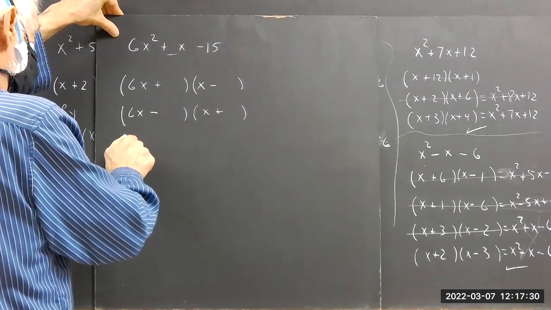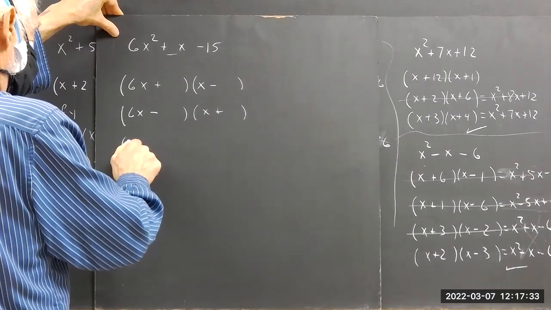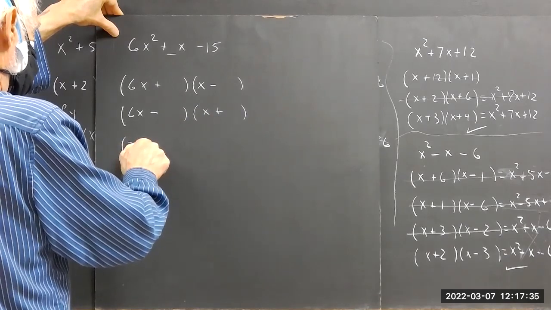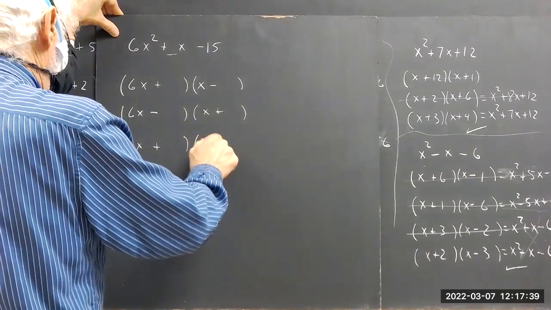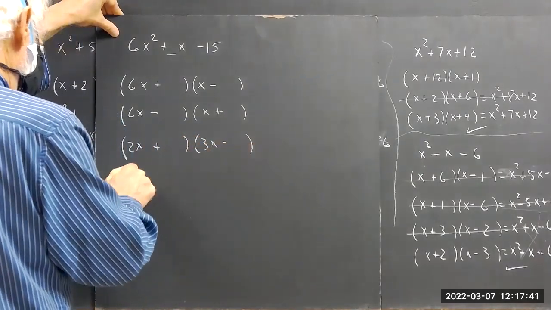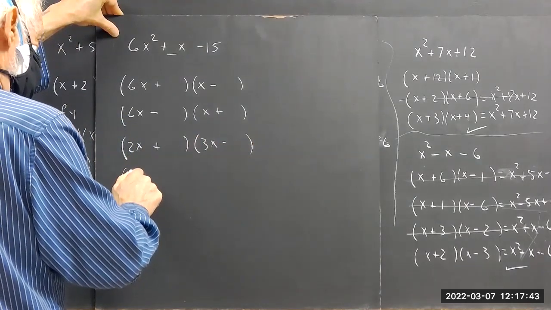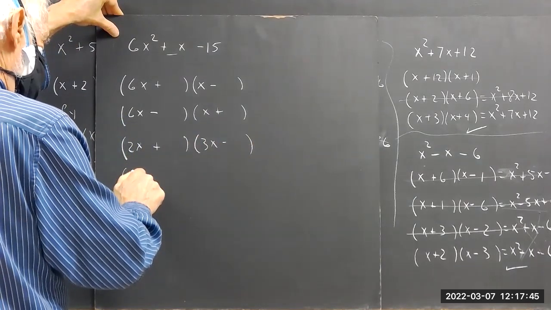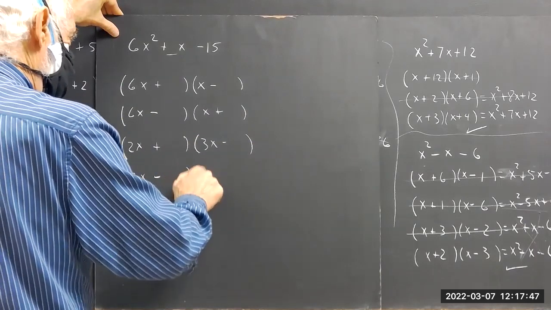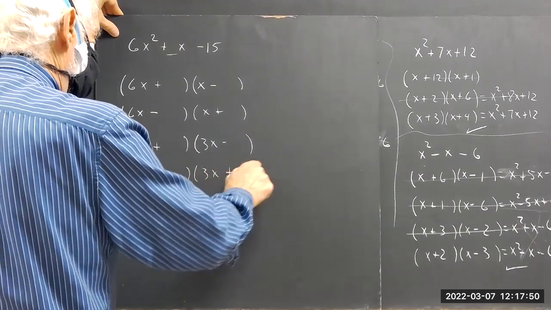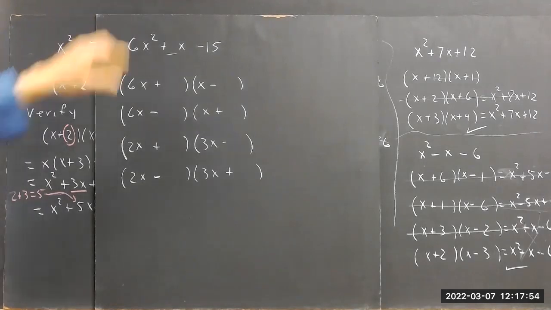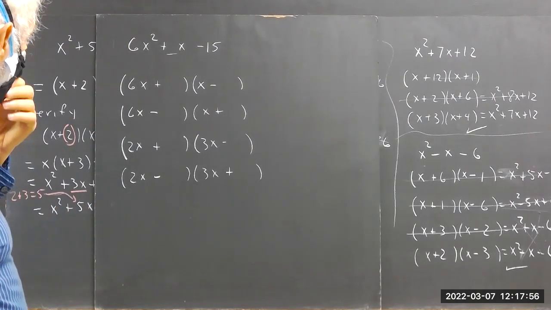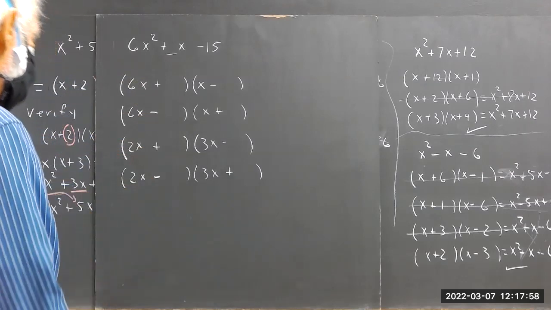Or we could have 2x plus something times 3x minus something. Or 2x minus something times 3x plus something. Okay? Now this is the general form.